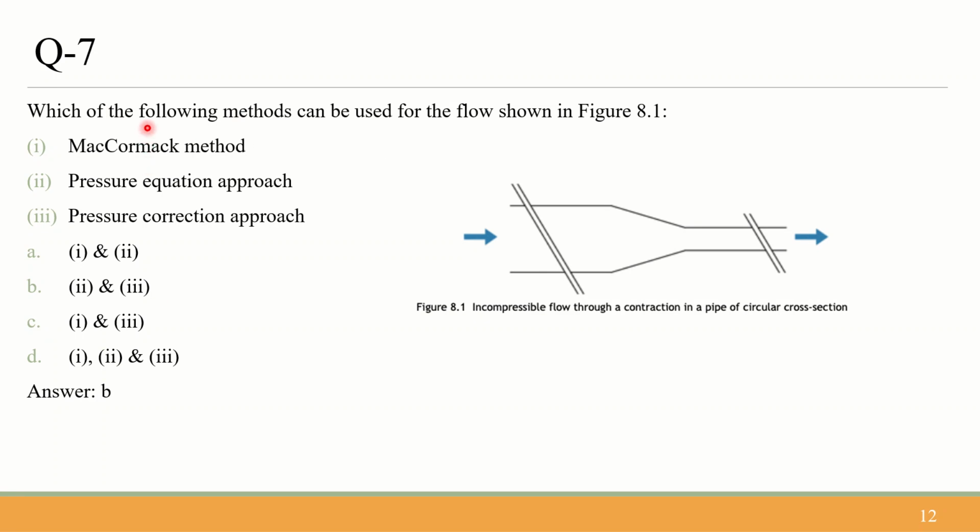Sometimes we do that when we don't have an idea about it, but we want to give it a try. But here, pressure equation approach and pressure correction approach are the ones used for incompressible flow through pipe. So options 2 and 3 are right, which is correctly provided in option B. Therefore option B is the right answer.